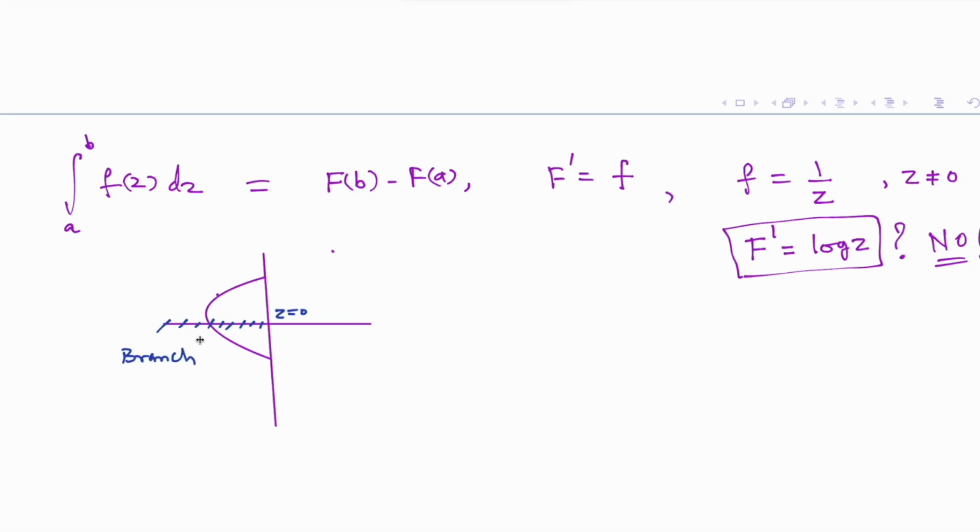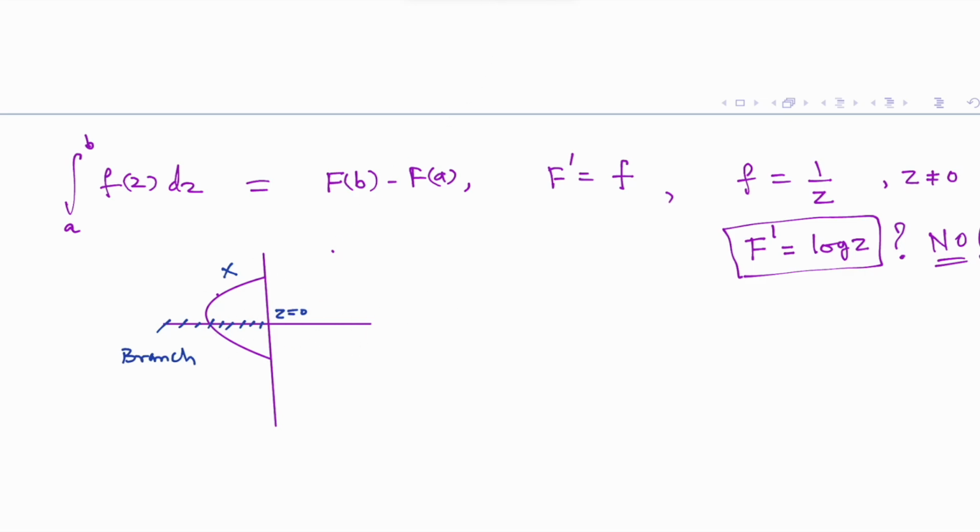If the imaginary axis is your branch, then you cannot evaluate along such a curve, right? Because the derivative of such a function does not exist at some point. So the first fundamental theorem cannot be applicable. So how do you deal with this type of situation?